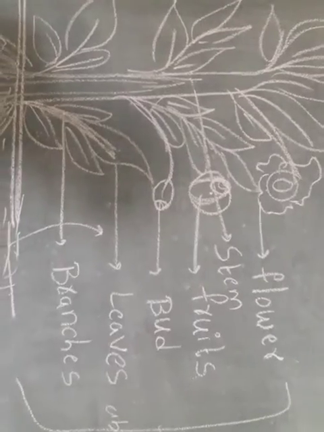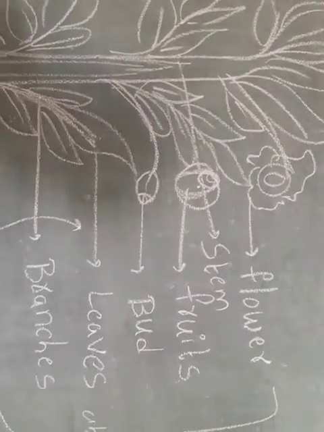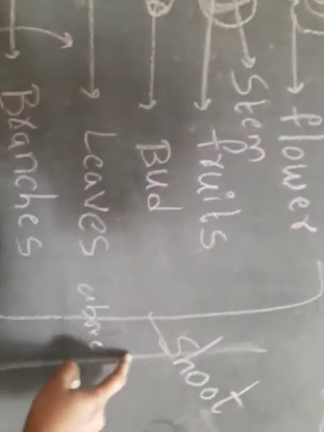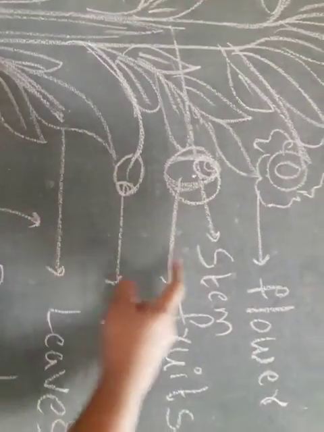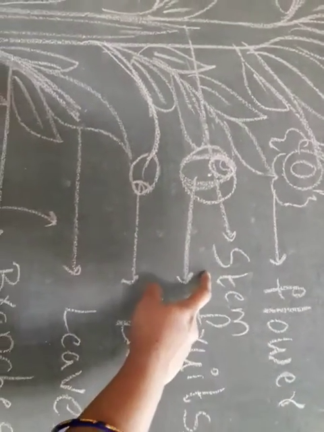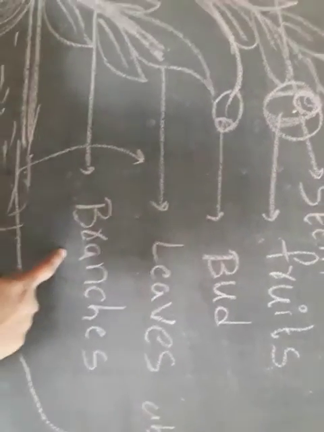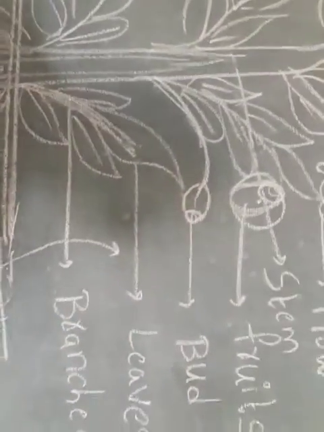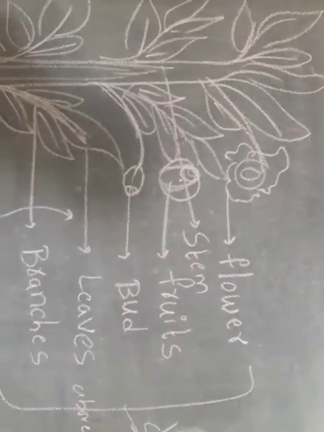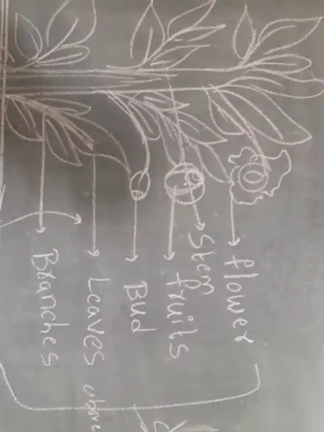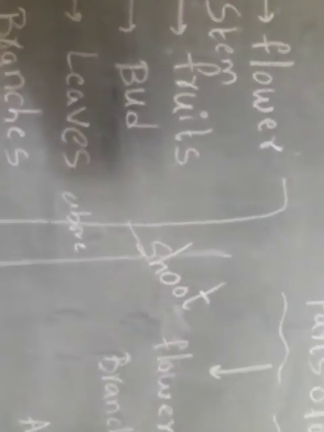Which parts grow above the ground are called the shoot part. Which parts grow above the ground? Flower, stem, fruits, bud, leaves, branches. Okay, these grow above the ground. These parts are called shoot.